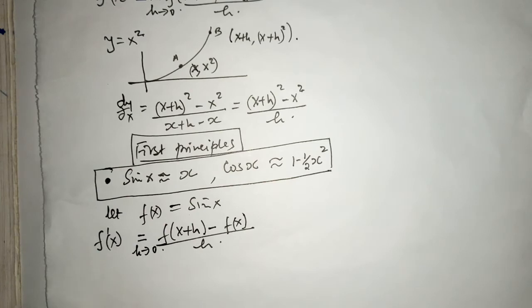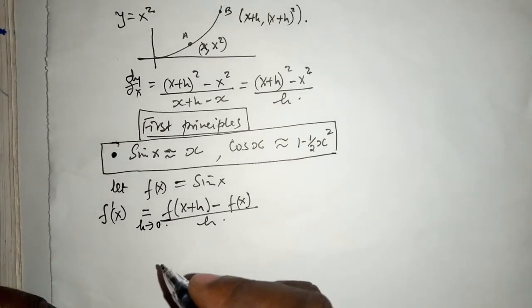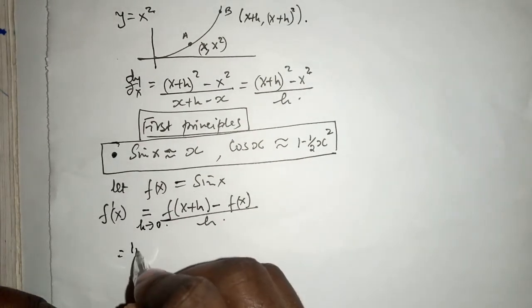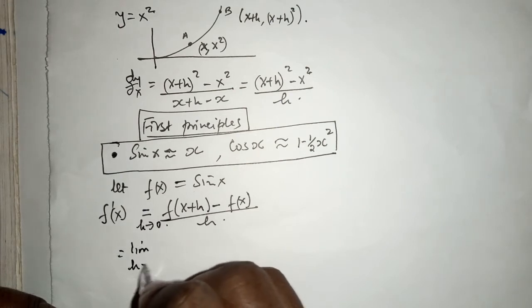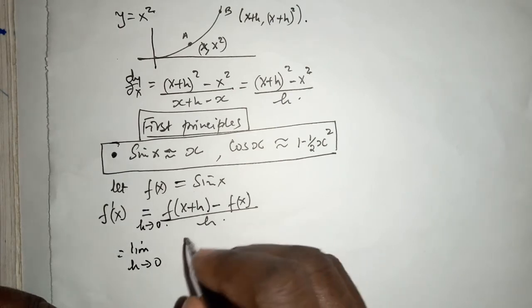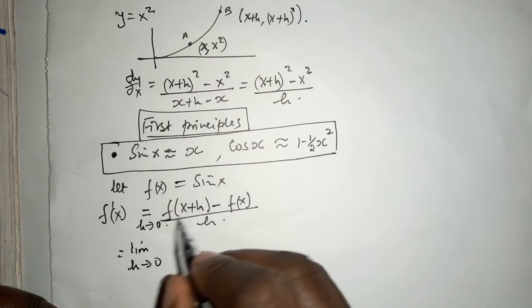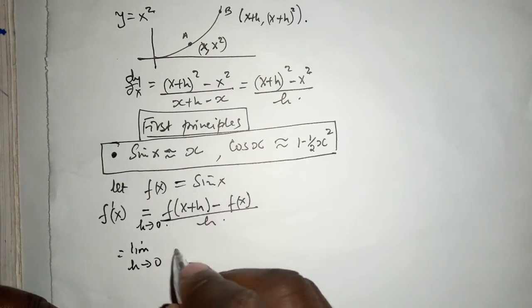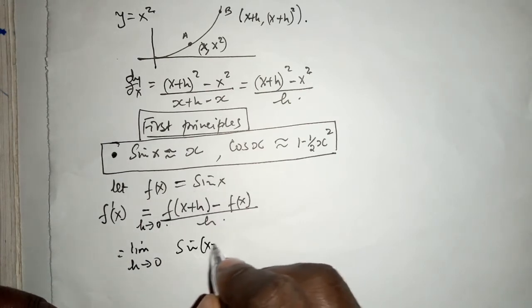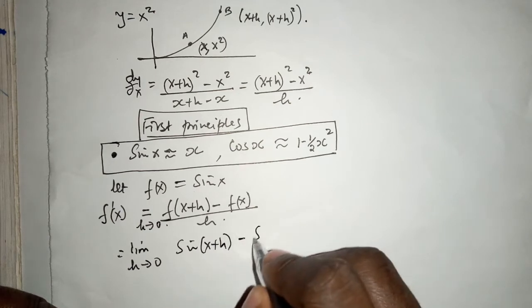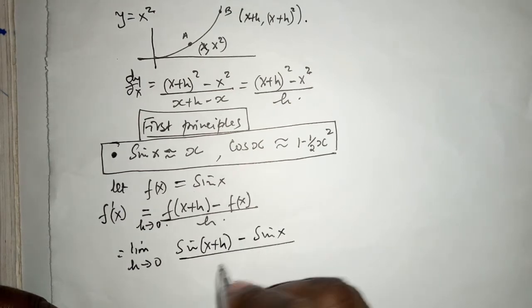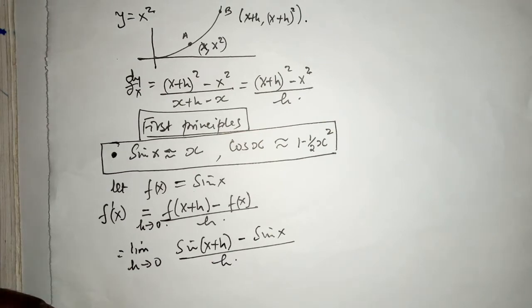And the function of x was sine x. So we have the limit as h approaches 0 of sine(x plus h) minus sine x, everything over h.